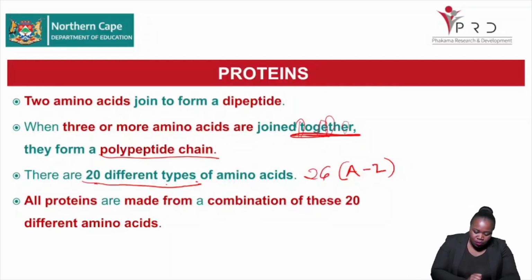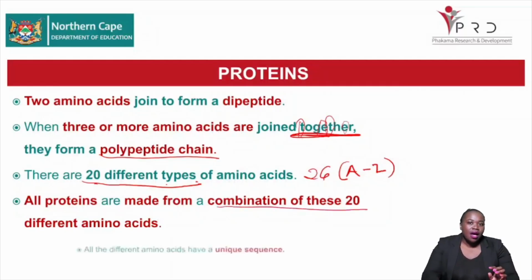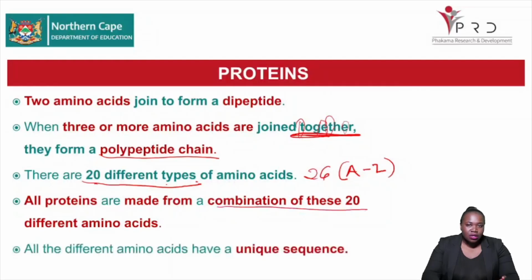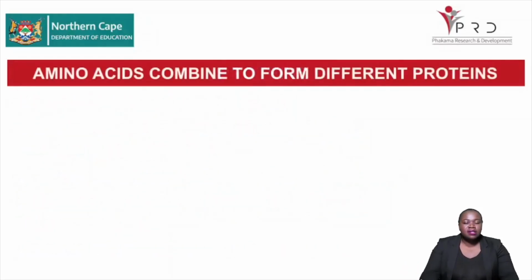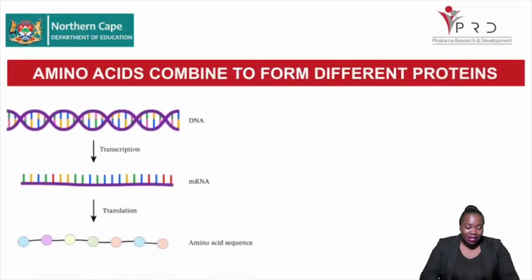Okay, so all these proteins are made up of a combination of those 20 amino acids, right? So there's just going to be that repetition of amino acids until we have that specific protein that has to be formed. Now, just a reminder of the sequence in which the process of the formation of the protein is going to take place.